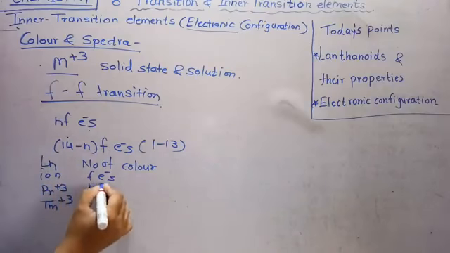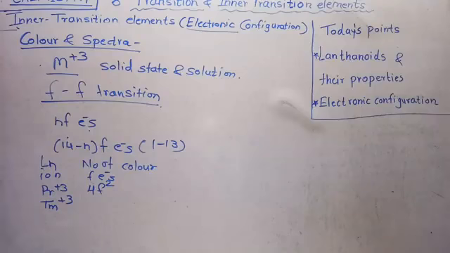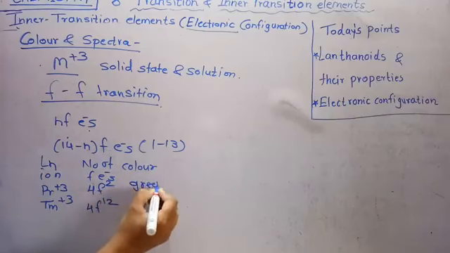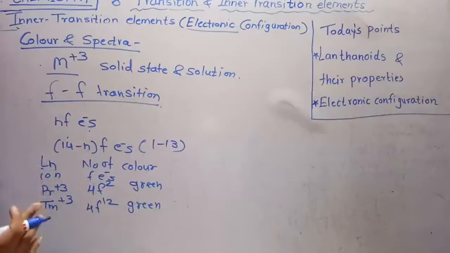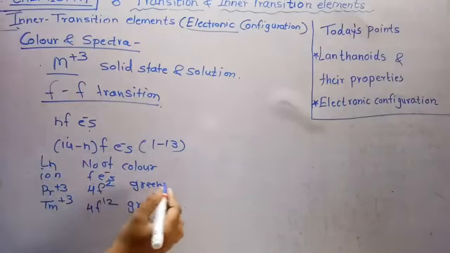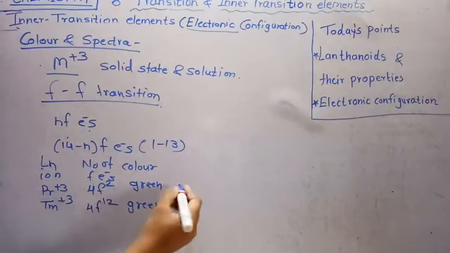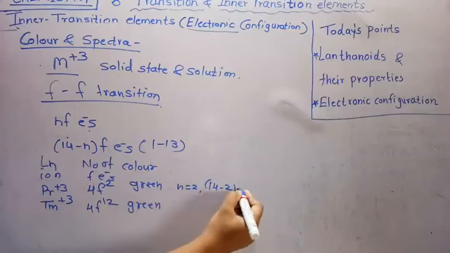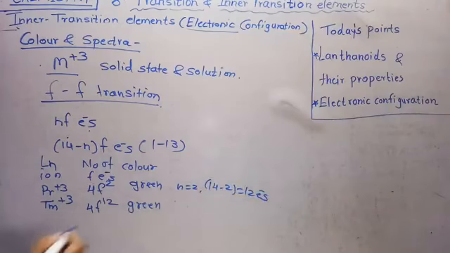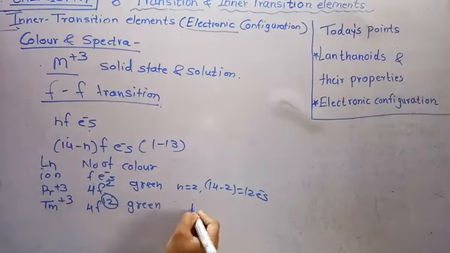They have f electrons f2 and f12 respectively, and both have the same color, that is green. See, for that there is n equal to 2, that means 14 minus 2 equals 12 electrons, and here are already 12 f electrons.